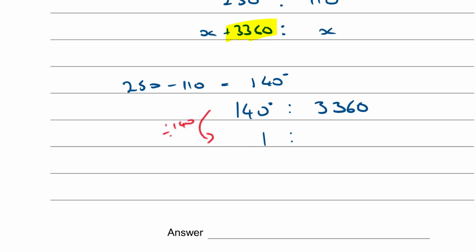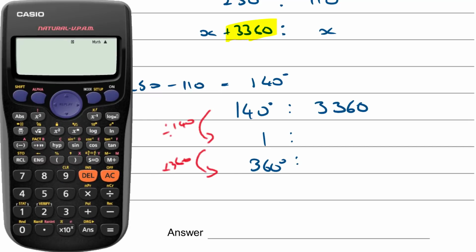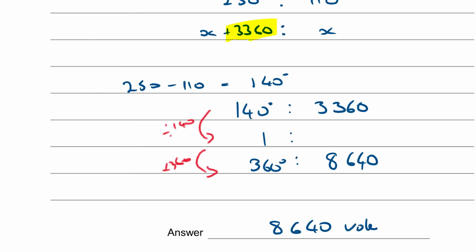And then if I then times that by 360, I'll know how many people are represented by 360 degrees. So let's do that then. So 3360 divided by 140 times by 360 gives me an answer of 8,640. So there are 8,640 voters altogether. Okay, we've got there in the end.